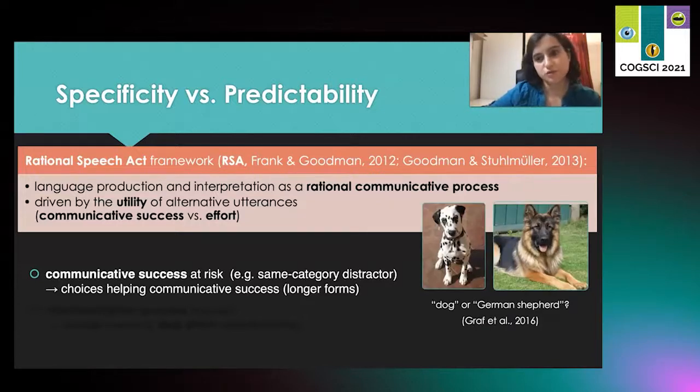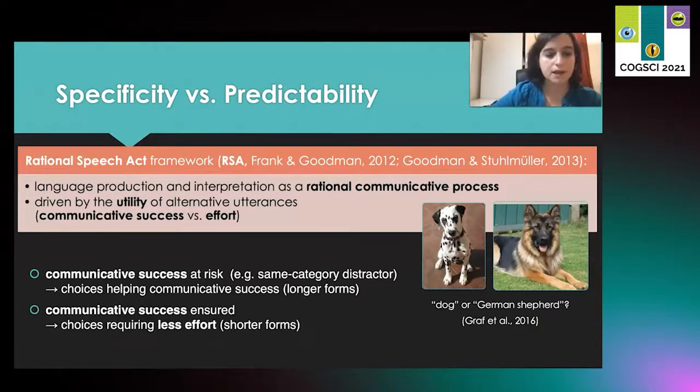So in this case, we would refer to the German Shepherd as dog only if there is no same category distractor. But when a Dalmatian is present, we want to differentiate, so we want to ensure communicative success, and we would say German Shepherd. However, when communicative success is ensured, for example when there is no same category distractor, we would pick a choice that requires less effort, a shorter one, dog.